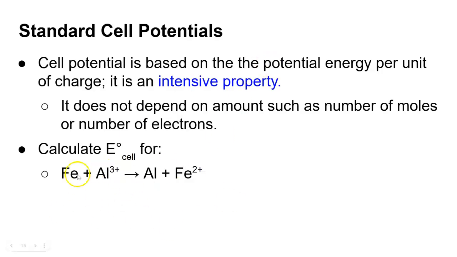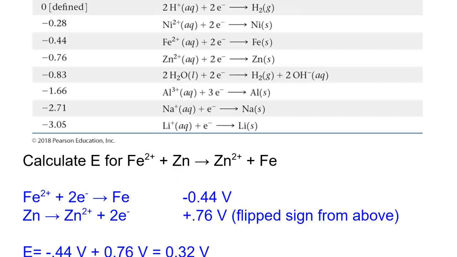Here's another one you can do. I didn't solve this one out, but you can use that information from the previous page. I'll do it real quick just verbally here. You would have Fe going to Fe2 plus, so that would be the reverse of that.